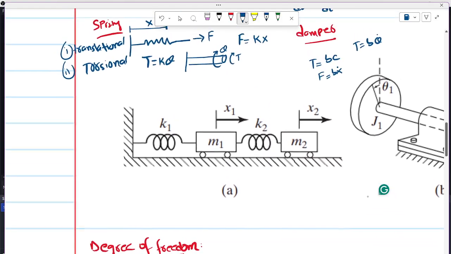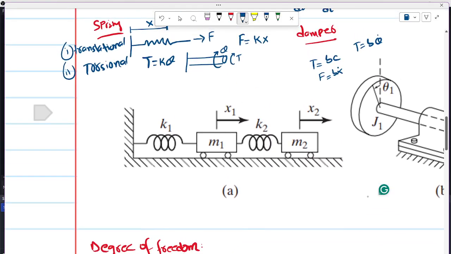But have a look at this one. In this system we can apply force here, and this mass will vibrate independently of this one, because there's a spring connection between them. It's not necessary that if this mass moves 10 centimeters, this will also move 10 centimeters.